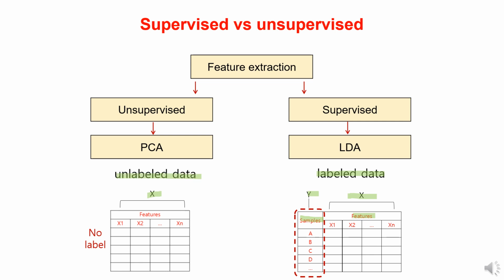Supervised learning refers to training an AI model using labeled data, where both X and Y are available. On the other hand, unsupervised learning refers to training with unlabeled data, using only X. PCA belongs to unsupervised learning, as it utilizes only the X data for training. LDA, on the other hand, falls into supervised learning as it uses both X and Y for training the model.